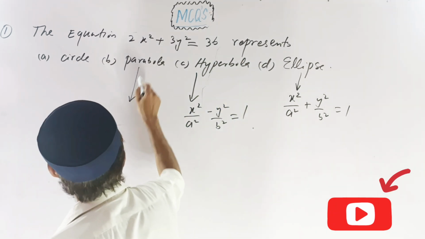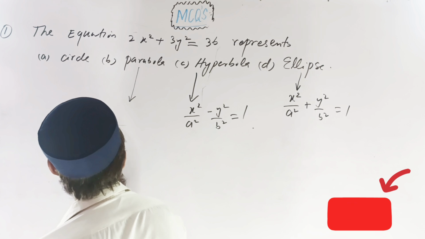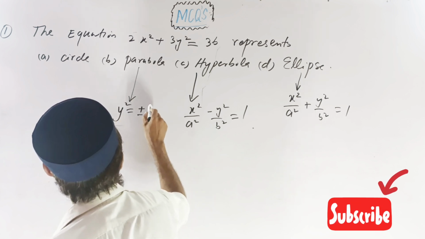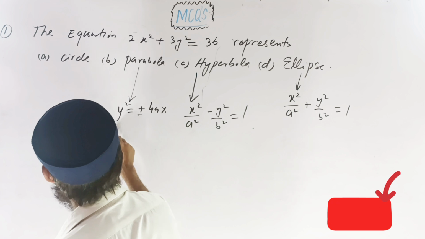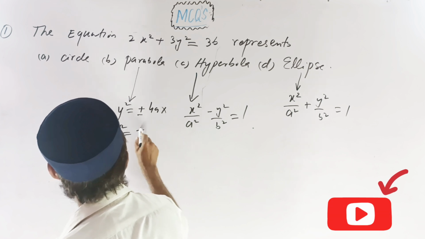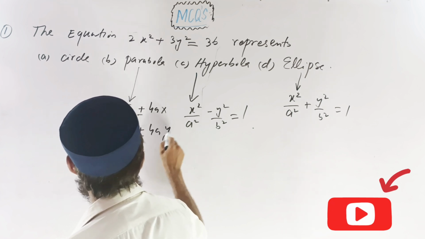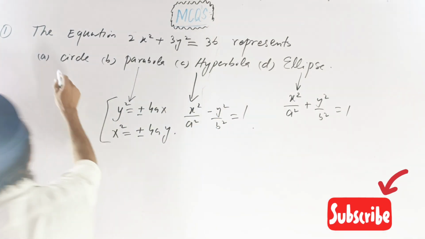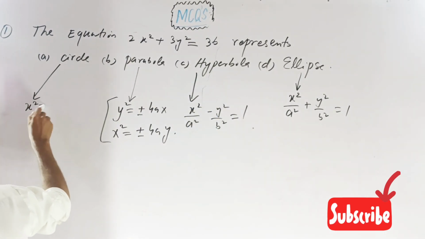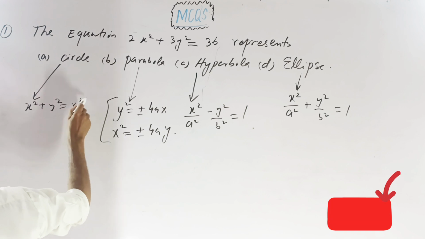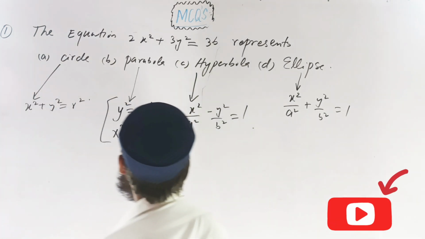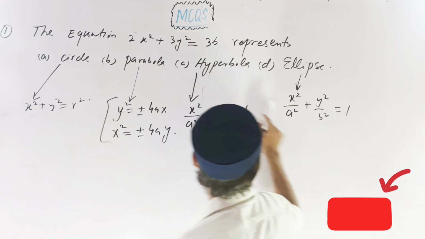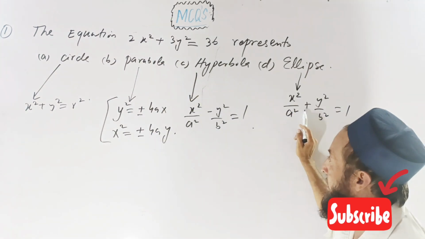The parabola is y square is equal to plus minus 4ax, or x square is equal to plus minus 4ay. And the circle is x square plus y square is equal to r square.